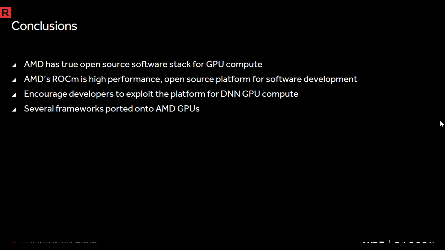TensorFlow takes a compute graph, and then it can automatically schedule this onto the various GPUs available. In fact, it can do it on a cluster of servers as well. So all it needs is the APIs to schedule onto GPUs, and those APIs are available in AMD GPUs also.